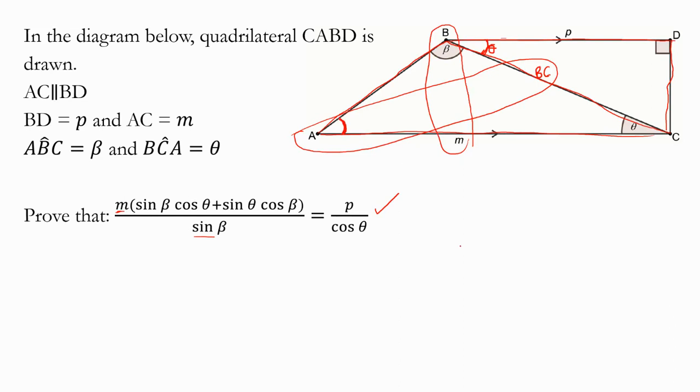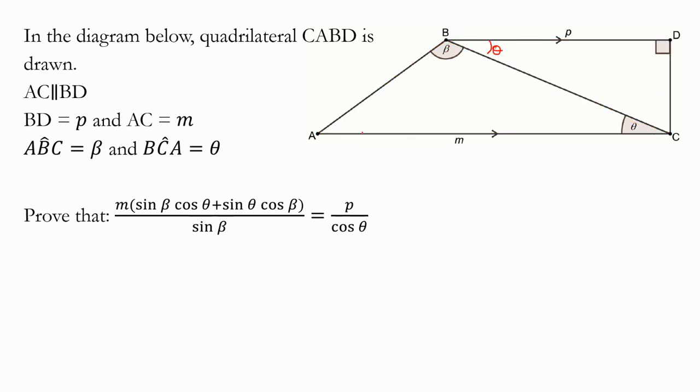We can get this angle from beta and theta, because in triangle ABC we can use the interior angles of a triangle to find angle A. Angle A is equal to 180 degrees minus (beta plus theta). Why? Angle sum in a triangle.